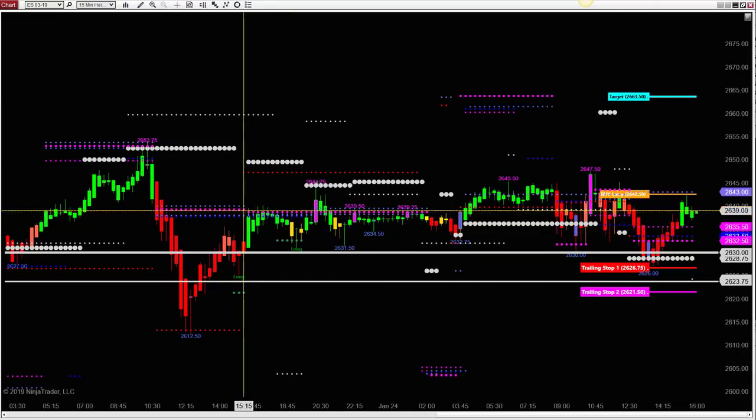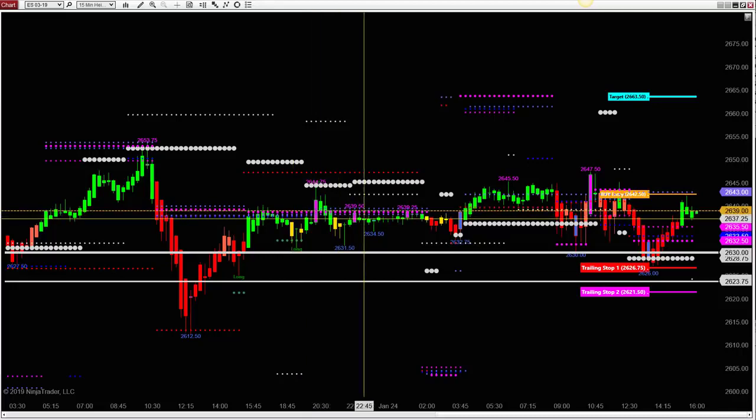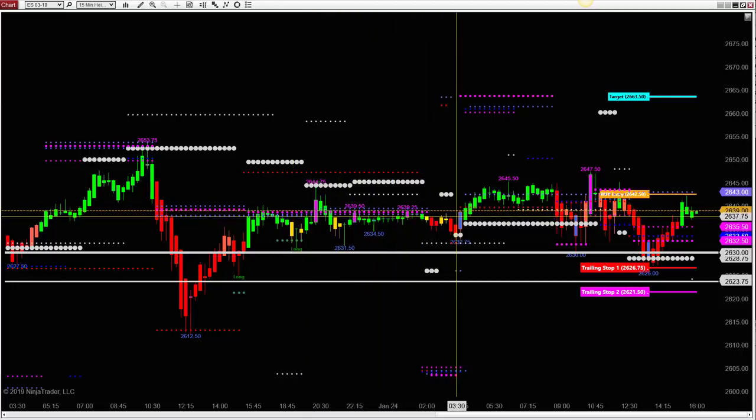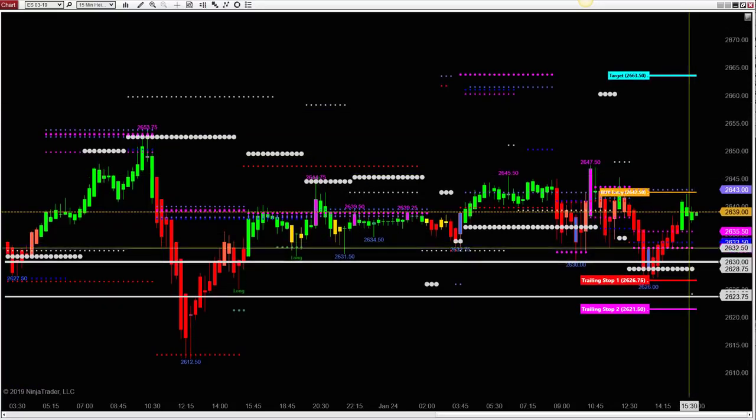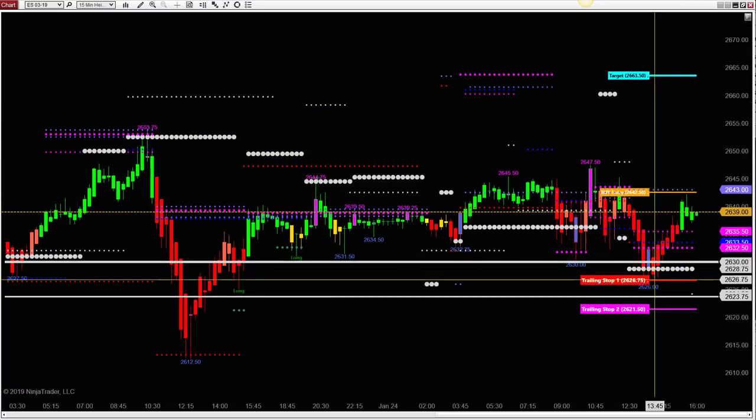Then it came into that level and all day long it's been struggling on that number, the 26.39.25. And as you see, it's been really flat. Then we had a little drop exactly to our number, the trailing stop.